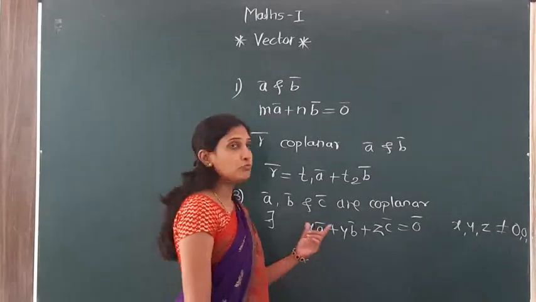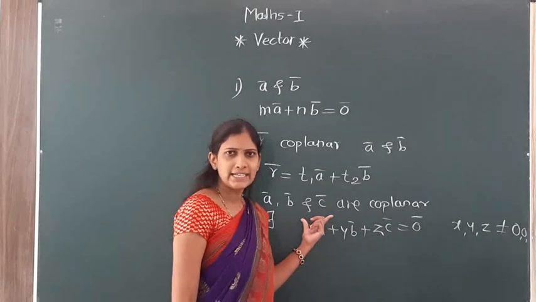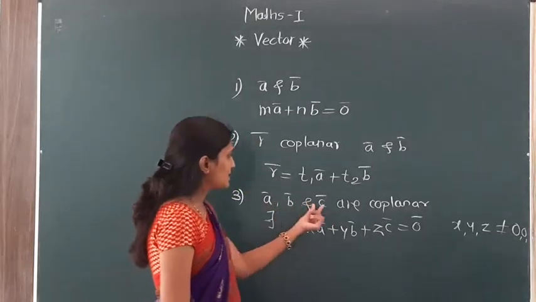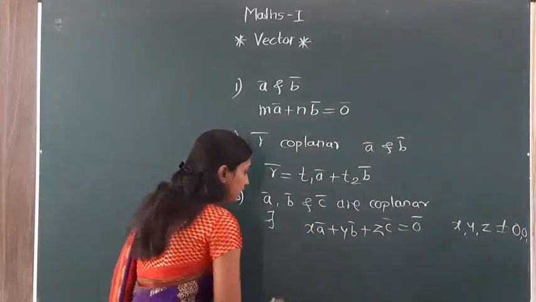And we studied one corollary based on this third theorem. What is that? If A bar, B bar, C bar are coplanar, this is theorem third. Then what is its corollary?